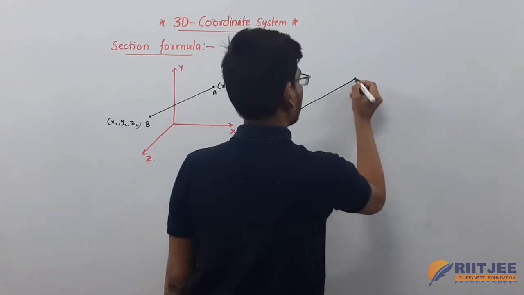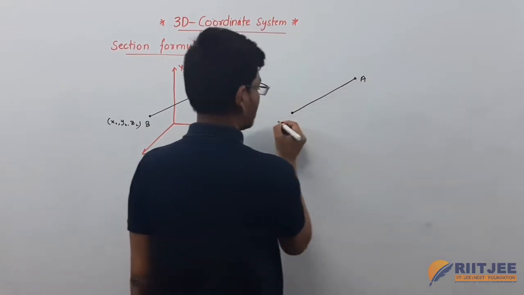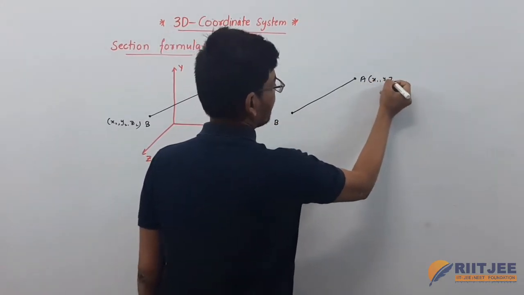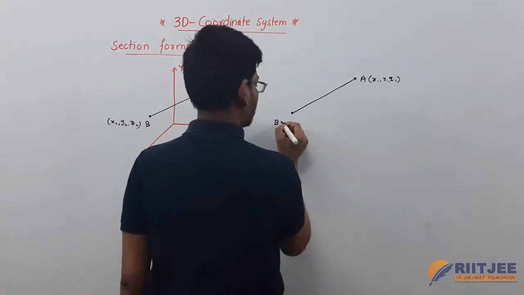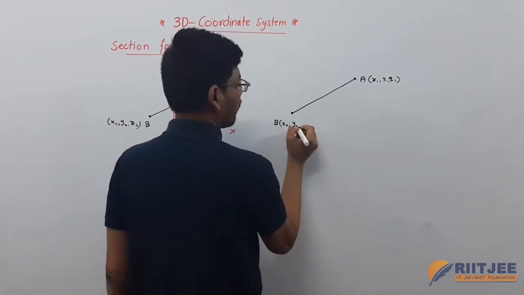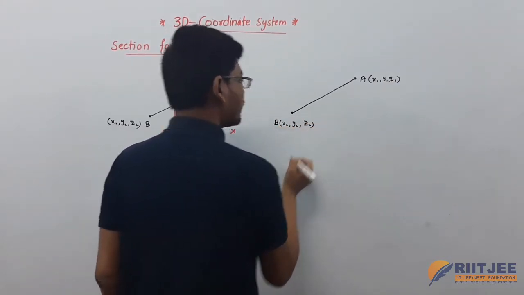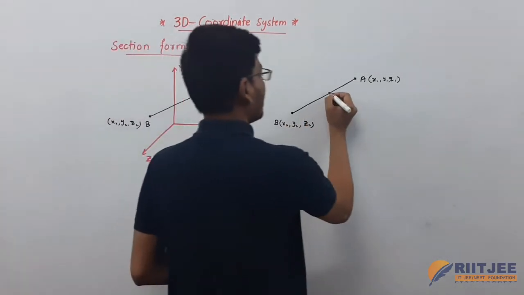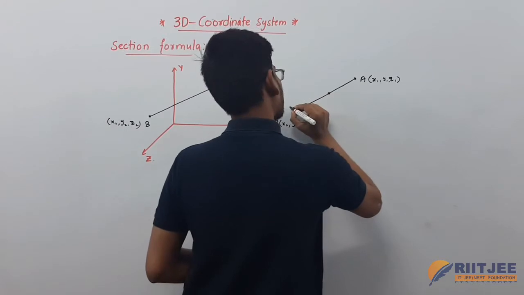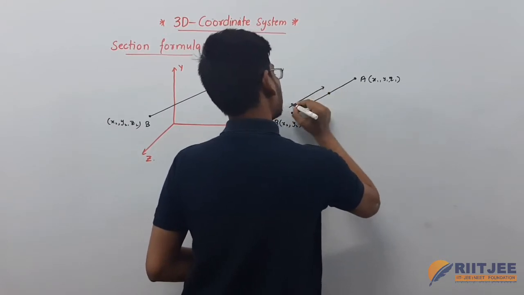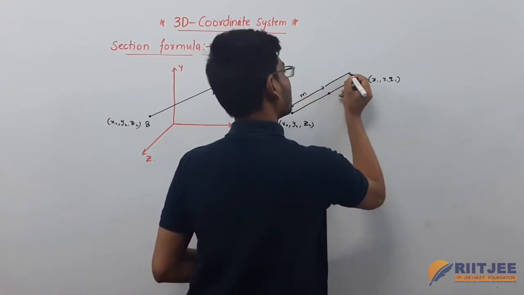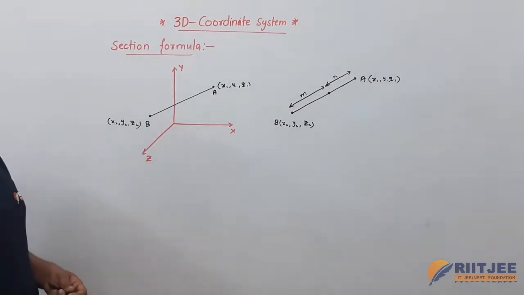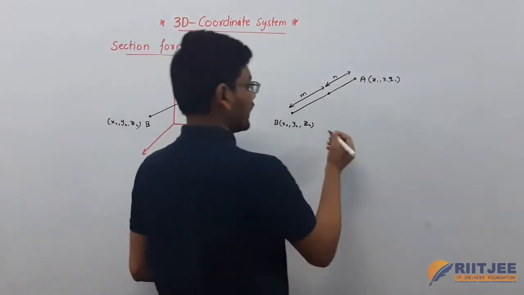This is AB. This is A and B, and this is x1, y1, z1, and this is x2, y2, z2. This line is dividing in the ratio of m is to n internally.